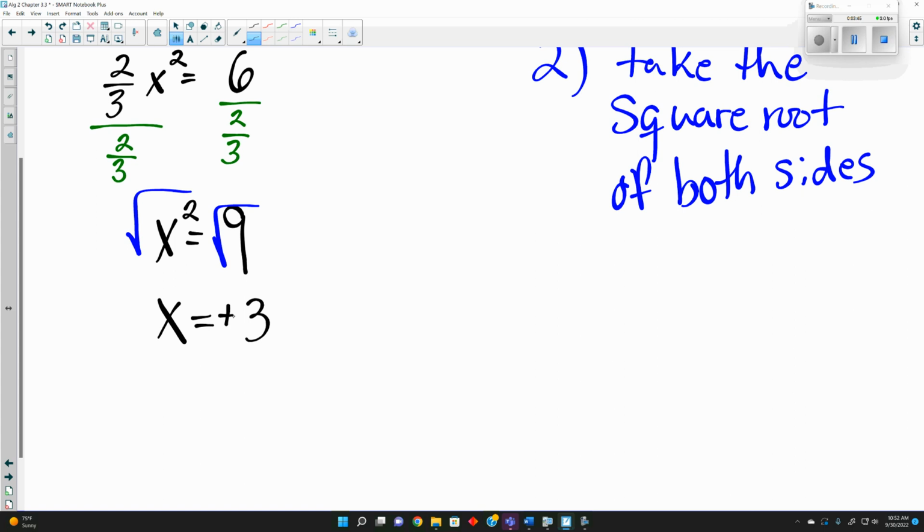And whenever we square root both sides, we have to add the plus or minus. Now, if x wasn't by itself, we would need to solve for x.